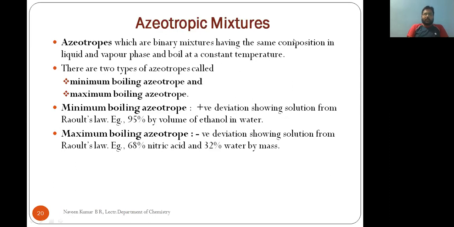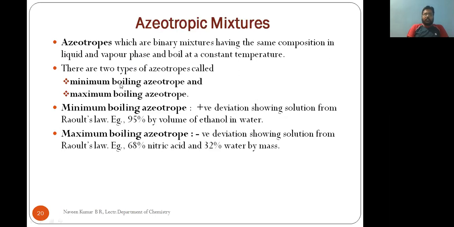Due to the same composition in the vapor phase and in the liquid phase, they will boil at a constant temperature. Azeotropes boil at constant temperature because their composition remains the same in the vapor phase as well as in the liquid phase, that is, the solution phase. Due to that, their rate of evaporation is the same and hence they boil at the same temperature.